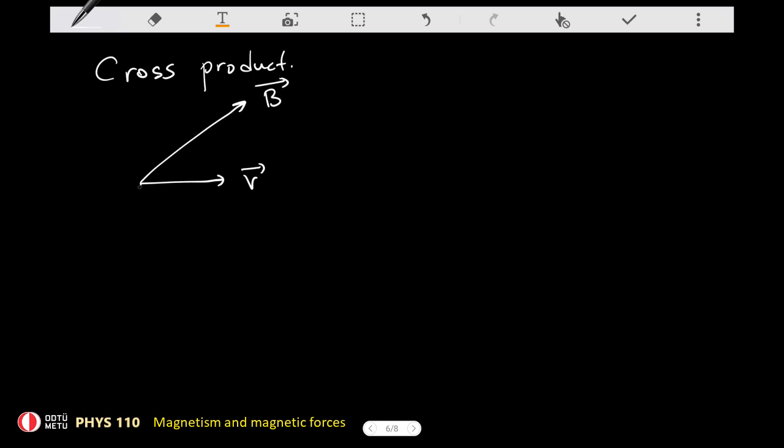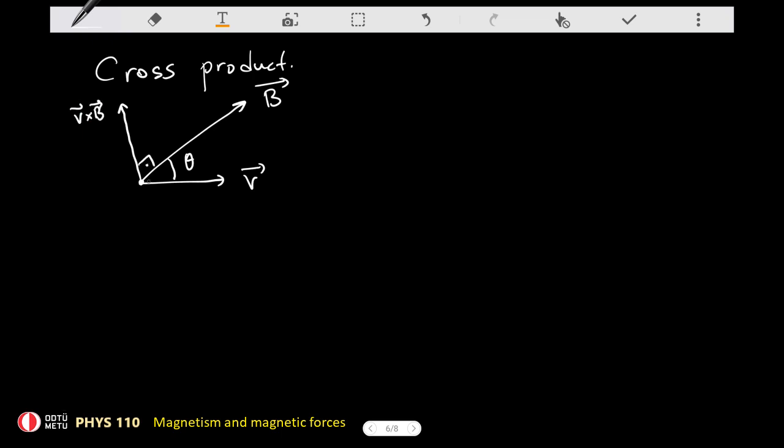So to express the cross product, that's what I do. We just slide the vectors so that they start from the same point. Theta is the angle between them. And in that case, V cross B is a vector which is perpendicular to both of these vectors. So this is V cross B.